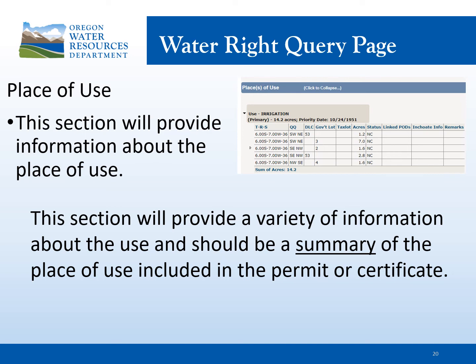In addition, the number of acres by quarter is then listed. And finally, in this case, we see that the status of this right is listed as non-canceled. So this section will provide you a variety of information about the place of use and should be considered as a summary of the place of use included in the permit or the certificate.